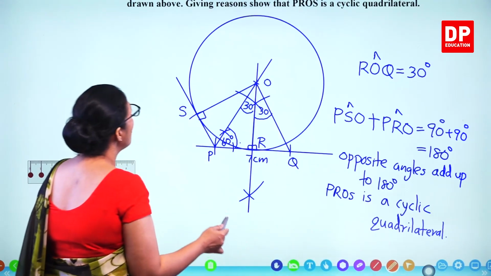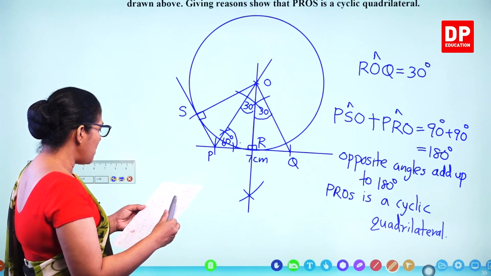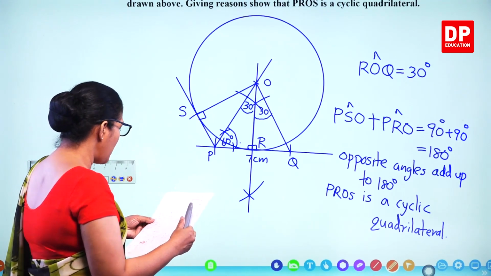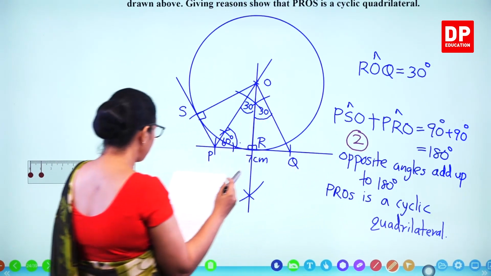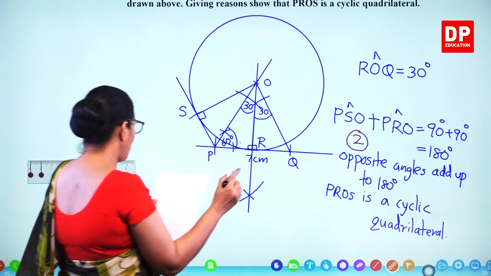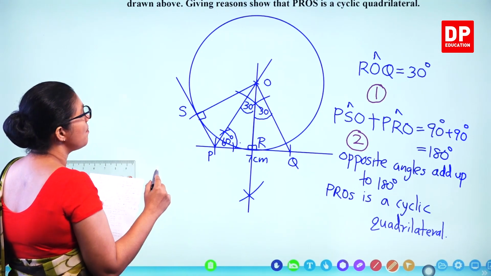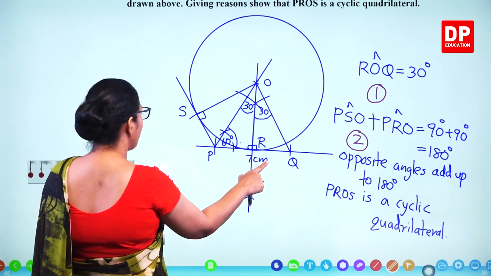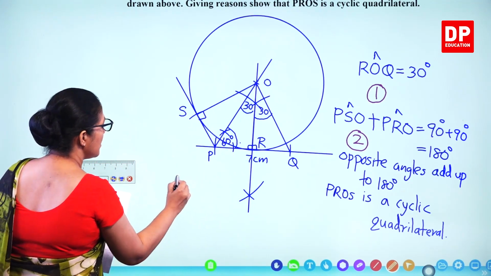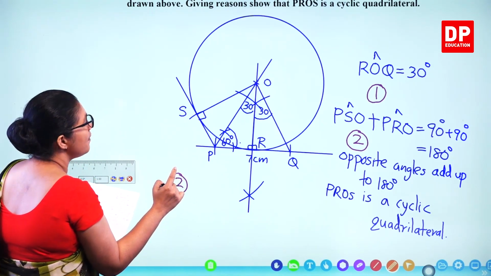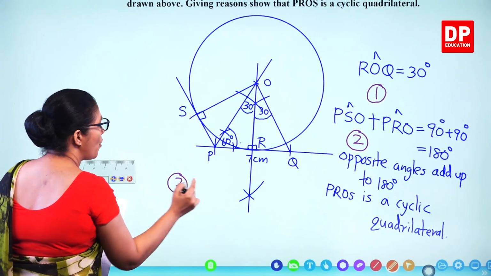So how many marks for these steps? I didn't give a single mark. So we'll see how many marks for the full question. Here mentioning this is a cyclic quadrilateral, that's 2 marks. And ROQ 30 degrees, 1 mark. Then you get other marks. Drawing PQ and perpendicular bisector, 2 marks. And then 60 degree angle and marking the O point, 2 marks.